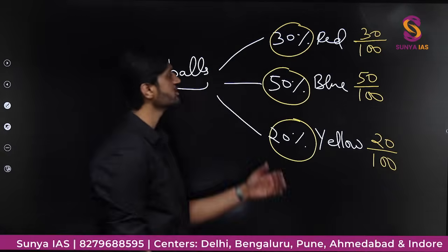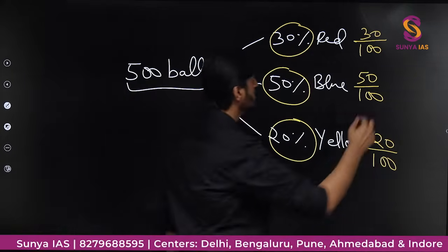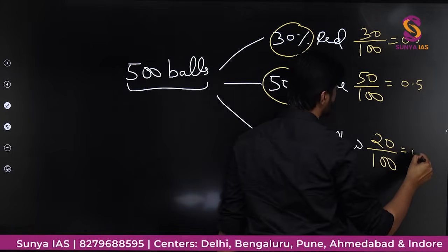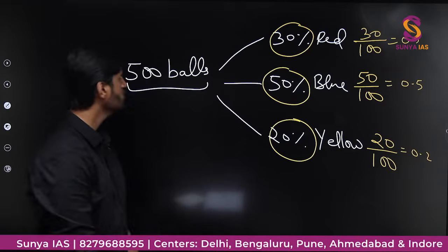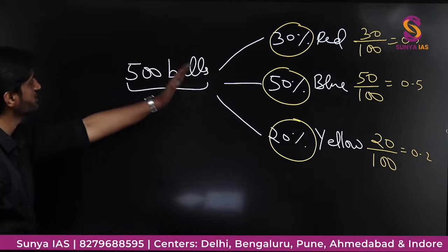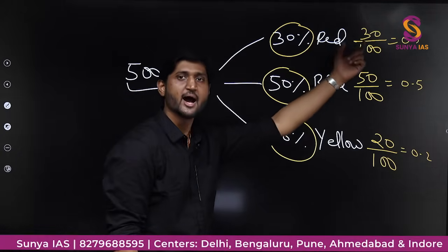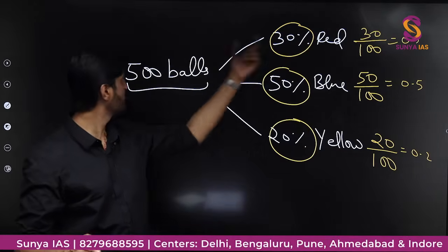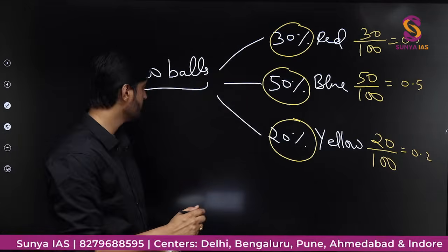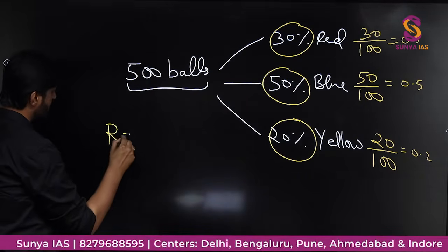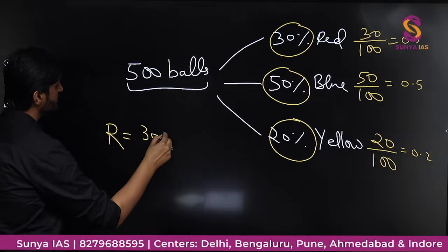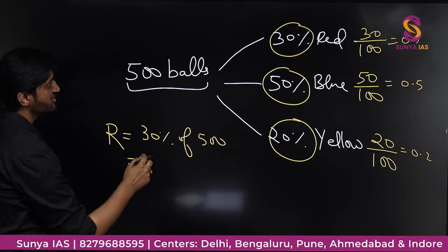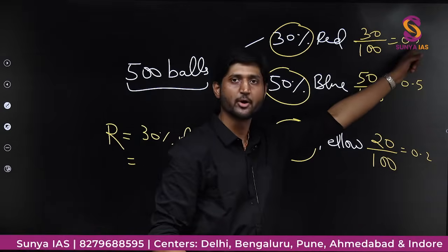If you want to convert it into decimals, you will get 0.3 here, 0.5 here, and 0.2 here. Now you know that 30% of the balls are red. I can rephrase this statement as 30% of 500 balls are red. So if we want to find the number of red balls, they are going to be nothing but 30% of 500. You know that 30% can also be represented like this, 0.3.